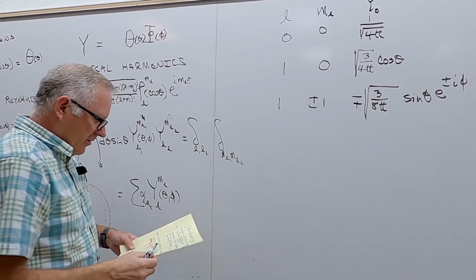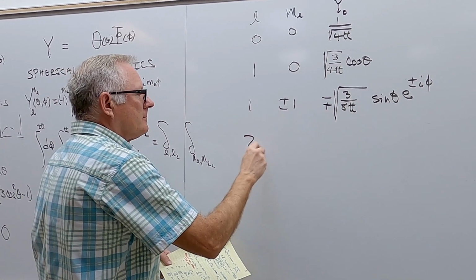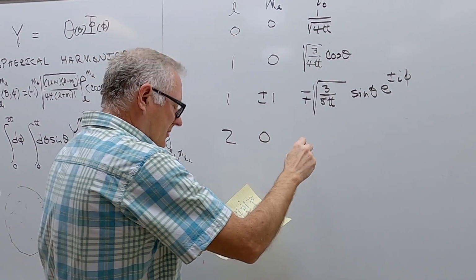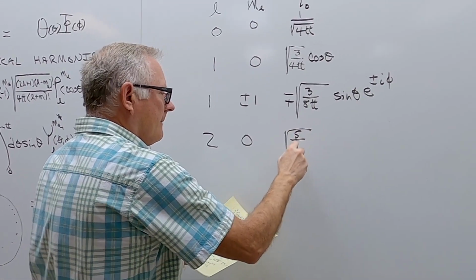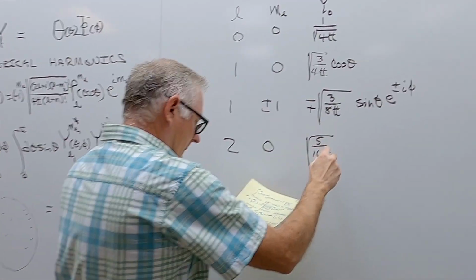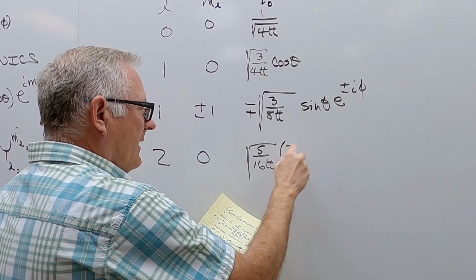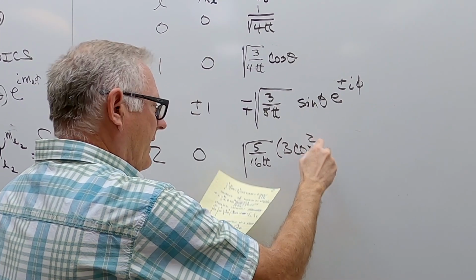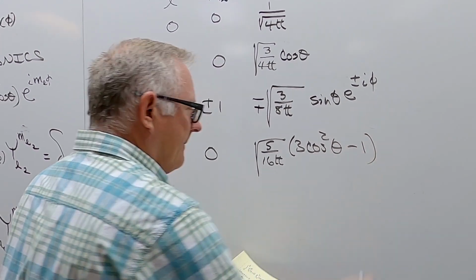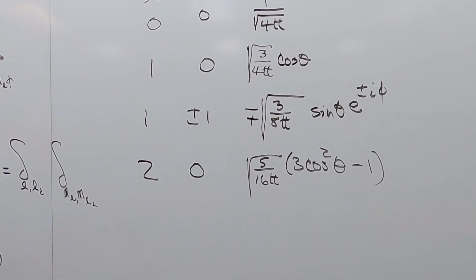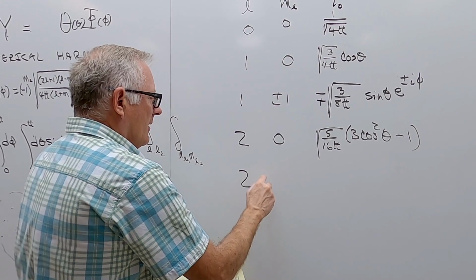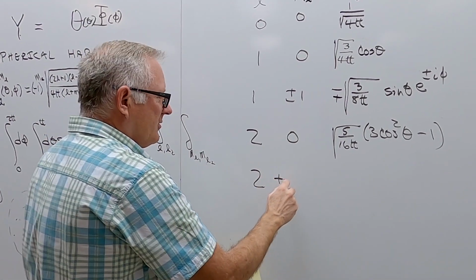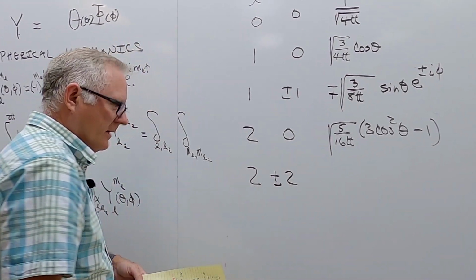How about 2,0? Well, this one is just going to be the square root of 5 over 16 pi, 3 cosine squared theta minus 1. Let me do one more. Instead of the plus or minus 1, let's do the plus or minus 2 right there.